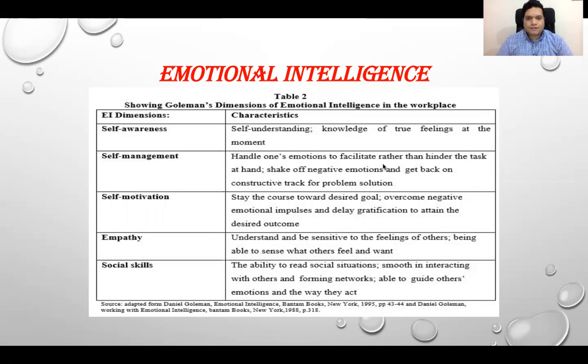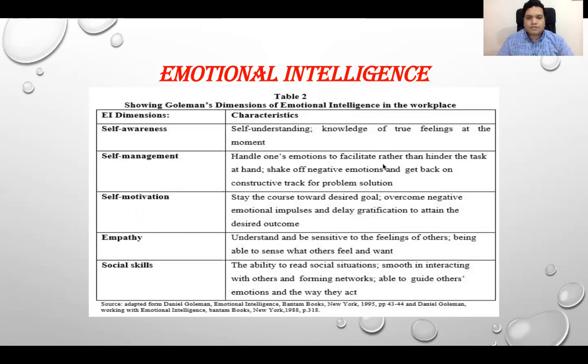Self motivation: stay the course toward the desired goal, and it helps you to overcome negative emotional impulses and it delays gratification to attain the desired outcome. Empathy, putting yourself in somebody else's shoes in layman's terms, is a very important component because it helps you to understand and to be sensitive to the feelings of others, and you are able to sense what others feel and want.